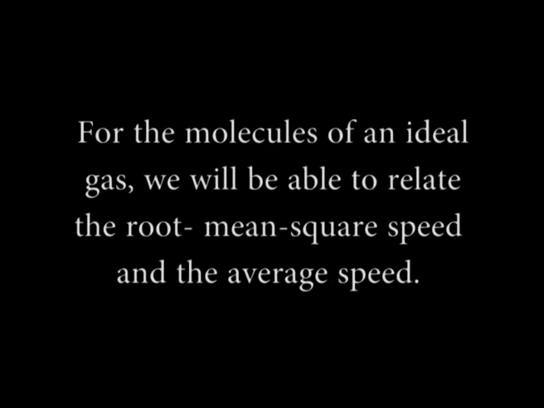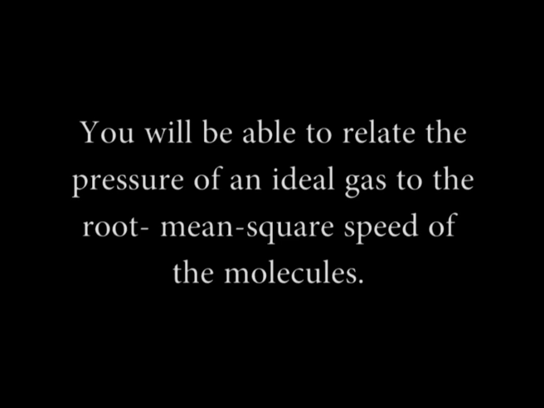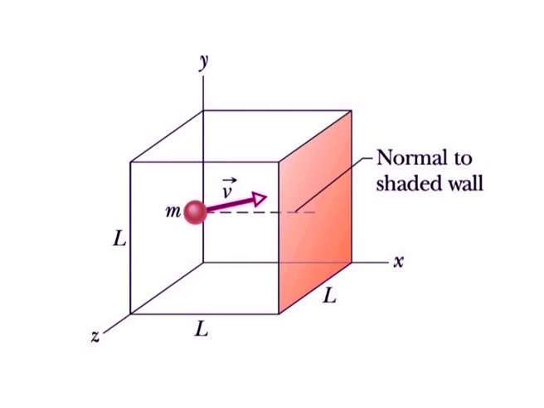For the molecules of an ideal gas, we will be able to relate the root mean square speed and average speed. You will also be able to relate the pressure of an ideal gas to the root mean square speed of the molecules. Here is our first kinetic theory problem.